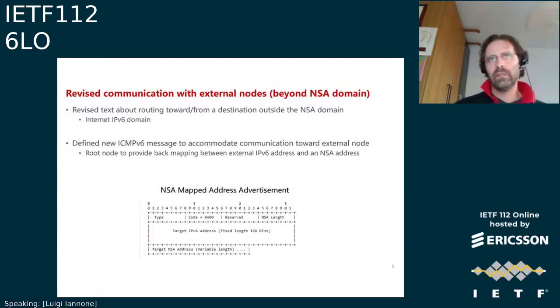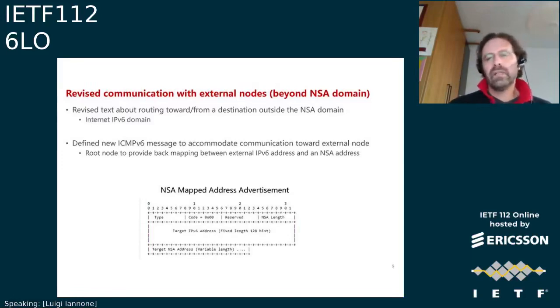In that case, it is easy to set up the communication, because at the very end it is the root that decides a mapping between the external IPv6 address and an artificial NSA address that is used to map with the external.